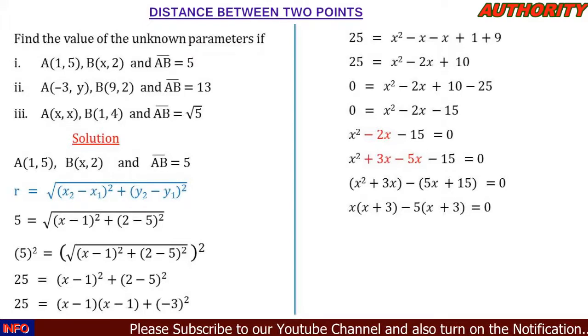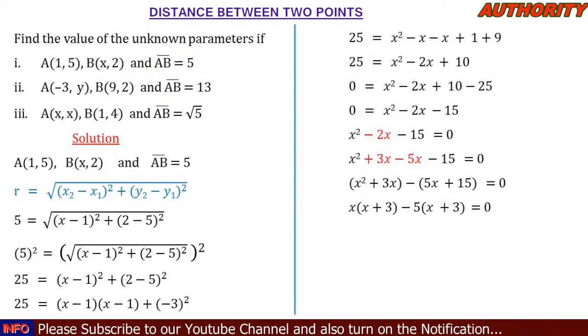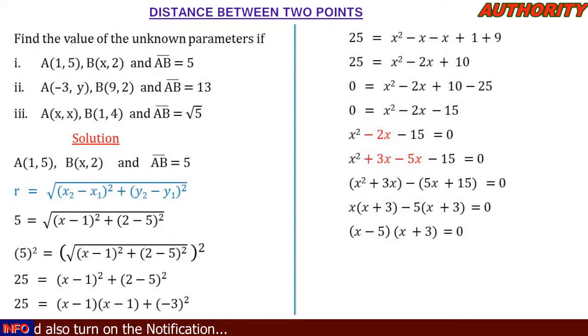We have 5. So when we factor out 5, we're going to have minus 5 in open bracket, x plus 3, equal to 0. So we take the values outside the bracket and one of the brackets. So we're going to have x minus 5 in bracket, x plus 3 in bracket equal to 0.